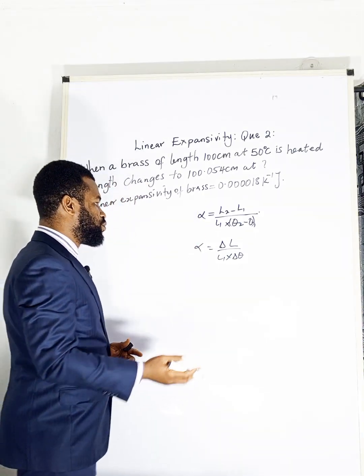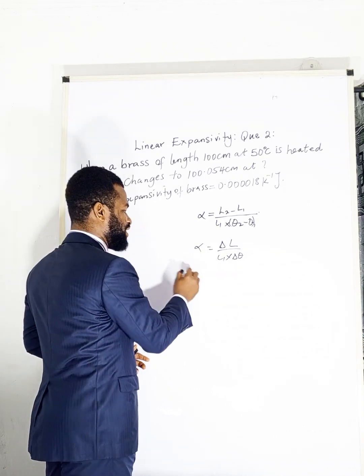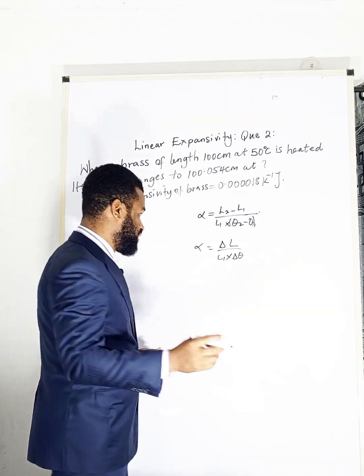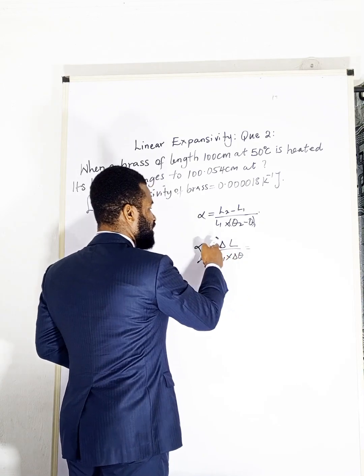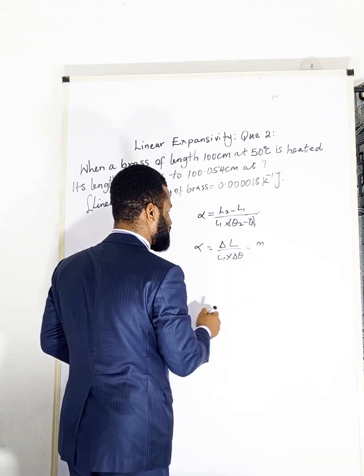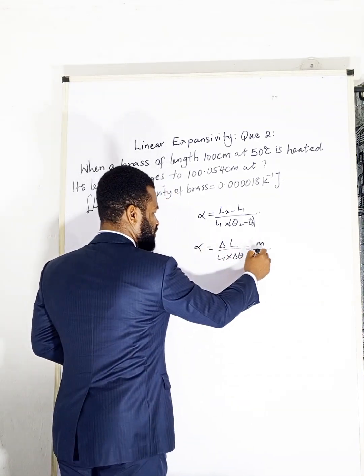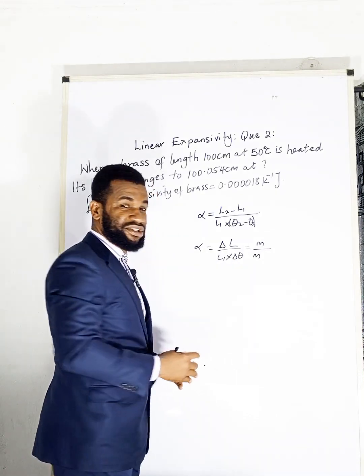Now the question is, what is the SI unit of linear expansivity? If you look at this very well, length is in meter, all over this length, which is also in meter, and this temperature is going to be measured in Kelvin.